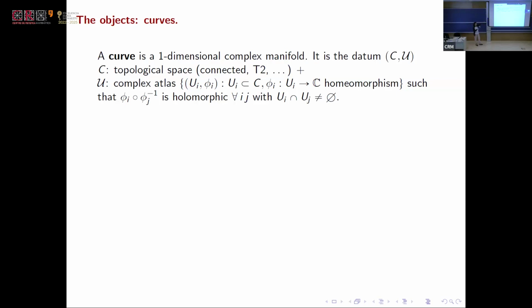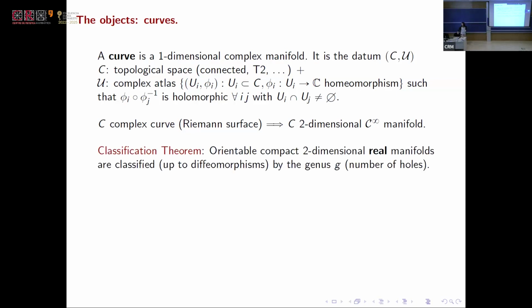So locally it behaves like an open subset of the complex plane, but the topology can be very different from the complex plane. Since we ask that the change of coordinates is holomorphic, it is C infinity. So topologically, the space that we have when we take a complex curve is a real two-manifold, which is not just C0, but C infinity. For this kind of topological space, we can use the classification theorem.